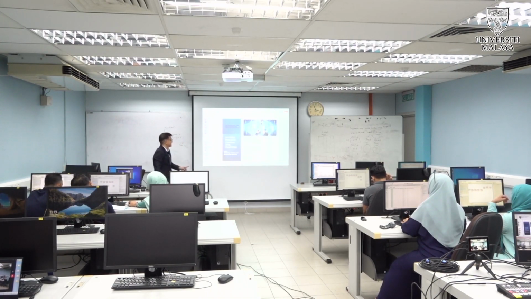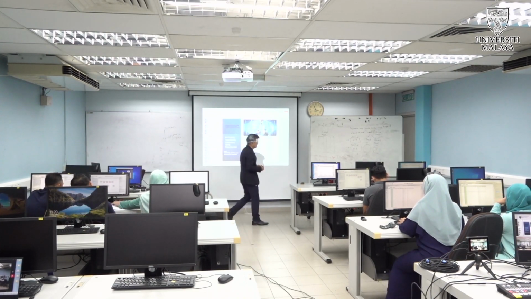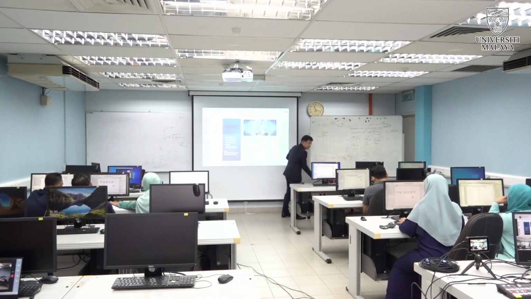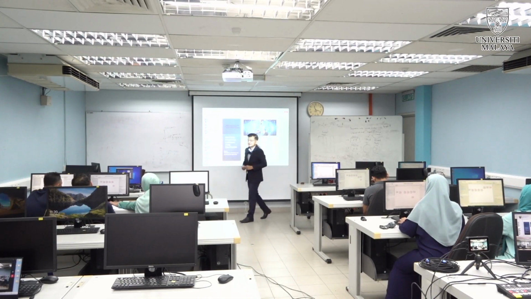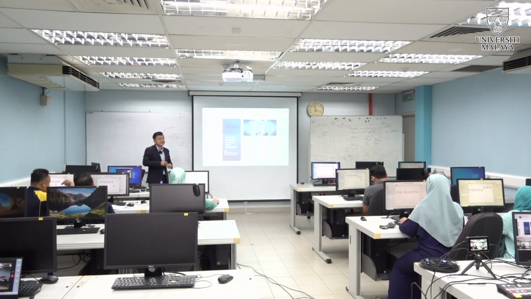Kita ada last step lagi. So set row dah settle. Ada satu step lagi, remove. Okay, macam mana kita nak remove kolom yang tak guna? So kita sekarang nak remove GUID and cell value that is not relevant.